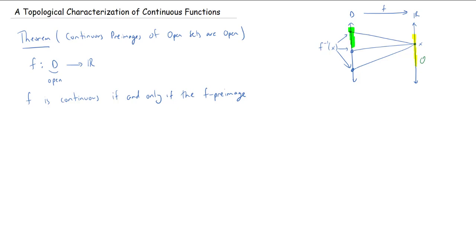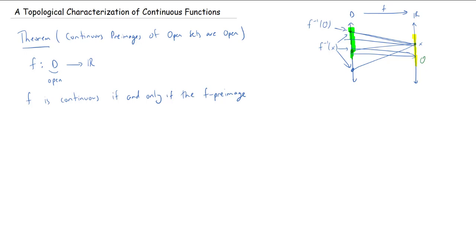And so maybe that ends up being something like this. And you say, okay, that's all the stuff that maps into there. Okay, and so then this green bar would be the preimage of the subset O. So when I talk about an f preimage, that's what I'm talking about. All the elements in D that map to whatever given set we're talking about.